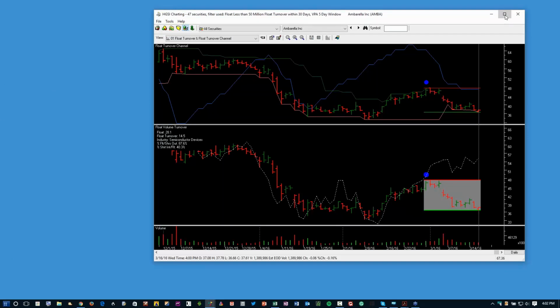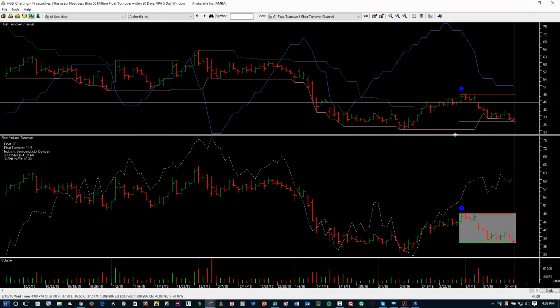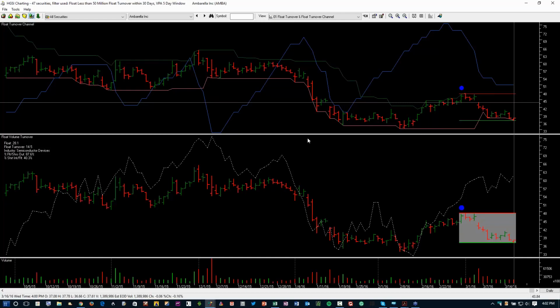Now, my charts are different than his. He just started with a blank chart, and what I've done is put both indicators in a split window chart, because I think it's easier to visualize what's going on.